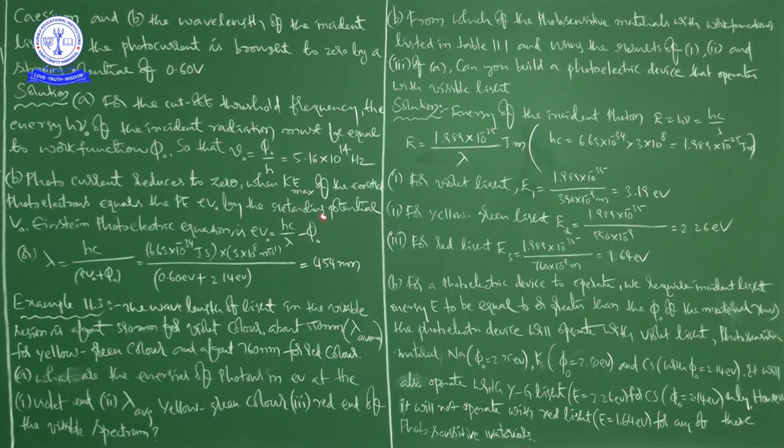eV naught plus phi naught is equal to hc by lambda, and lambda is equal to hc by (eV naught plus phi naught).